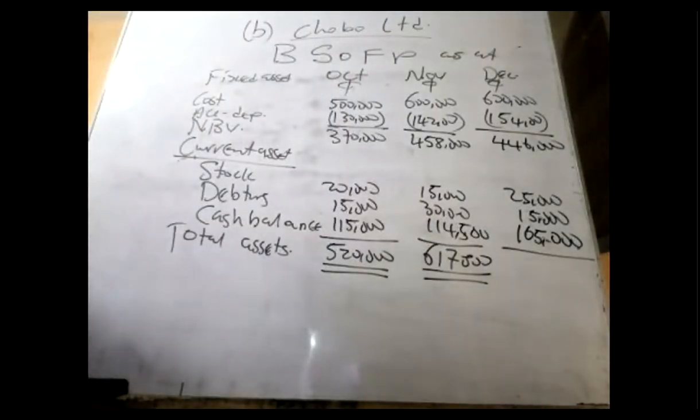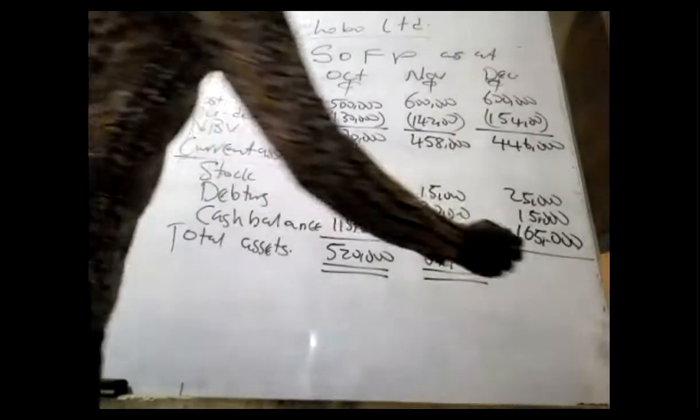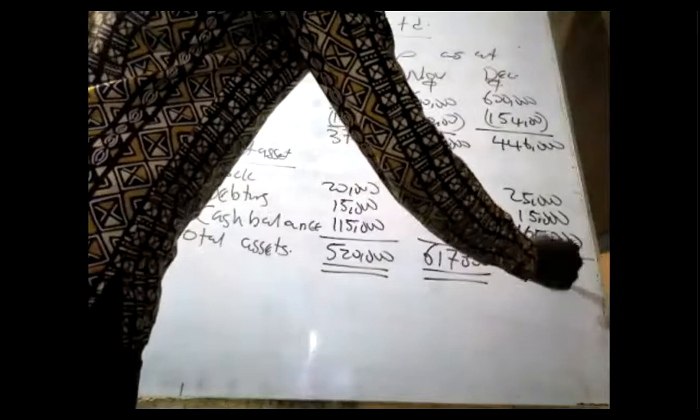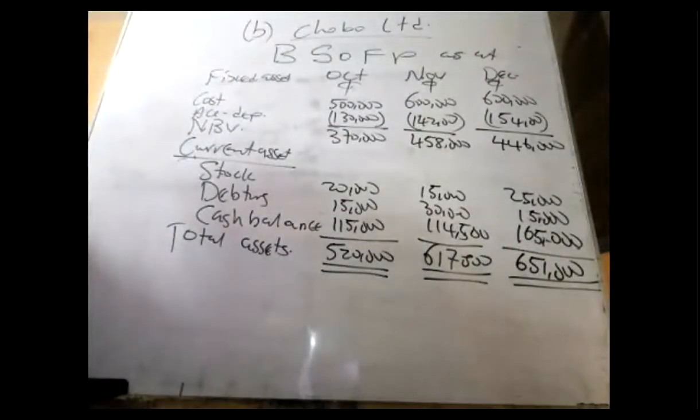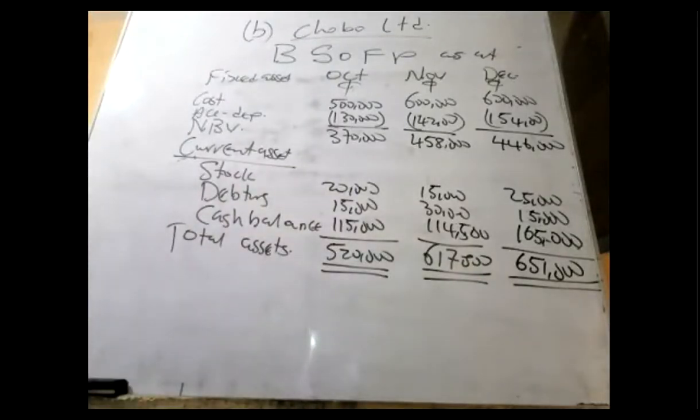And finally, we have 651,000. So that is the end of the first half. Let's quickly balance it off.